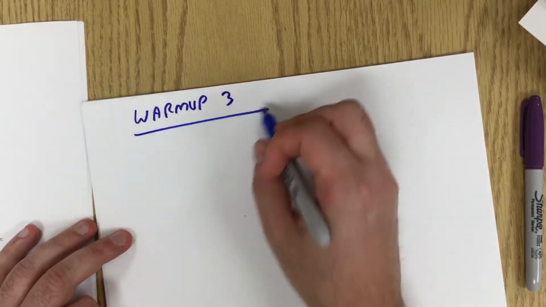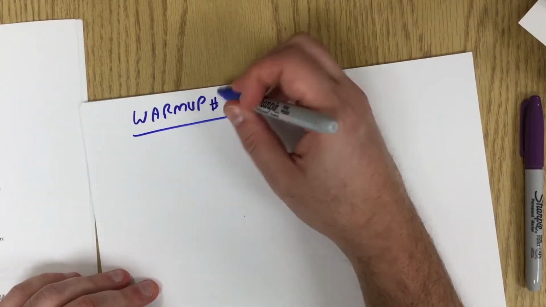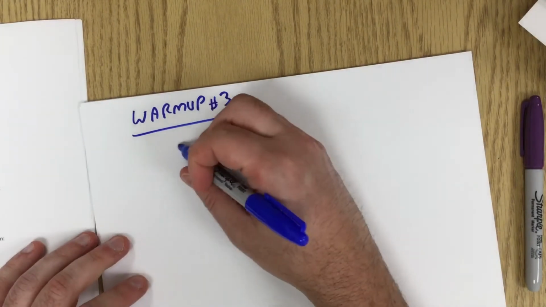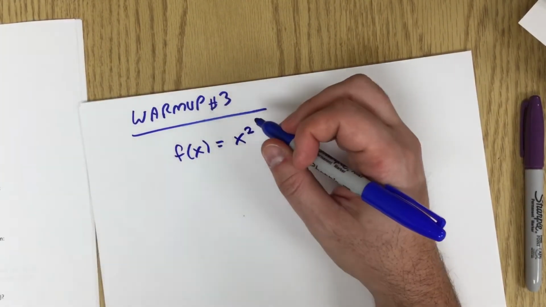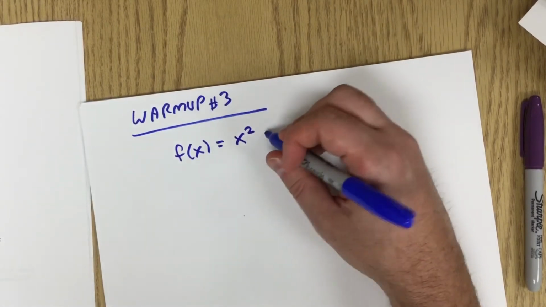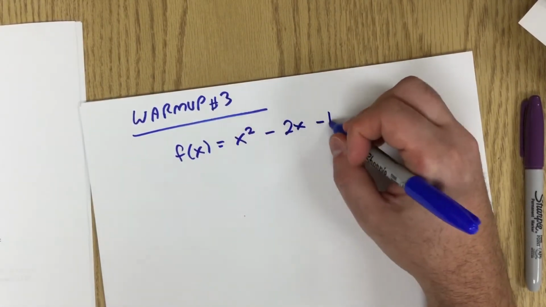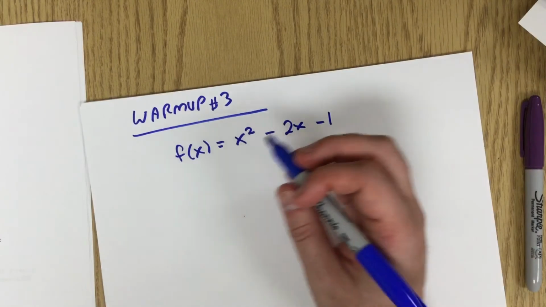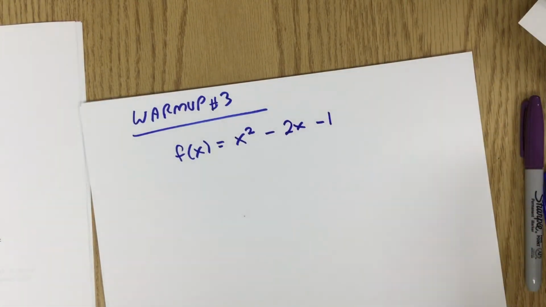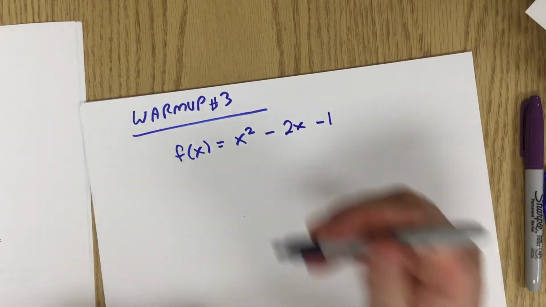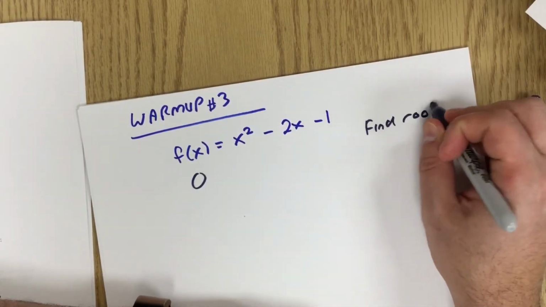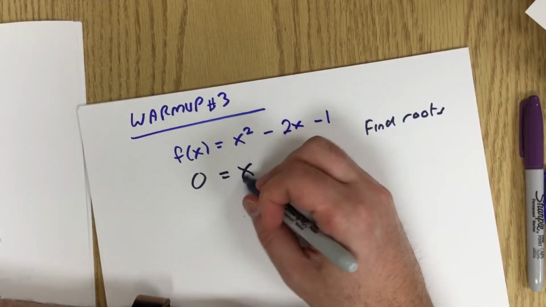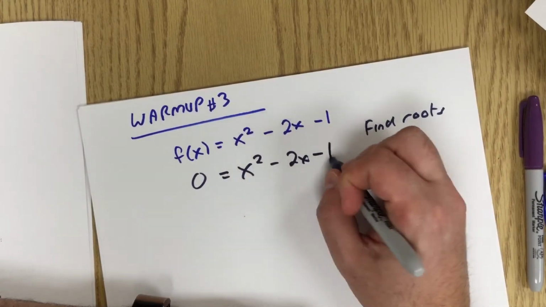Warm-up 3. So again, use quadratic formula. X squared minus 2x minus 1, we're going to make that equal to 0 in order to find the roots. So to find the roots, 0 has to be equal to x squared minus 2x minus 1.